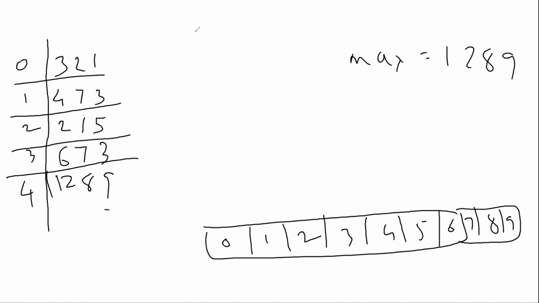Why is the array size 10? Total digits used are 0 to 9. I'm currently taking the units place, so I'll just look at the last digit, and I'll have digits from 0 to 9 only. Therefore I'm having an array, which I'll call a count array, as it is called in the solution also.